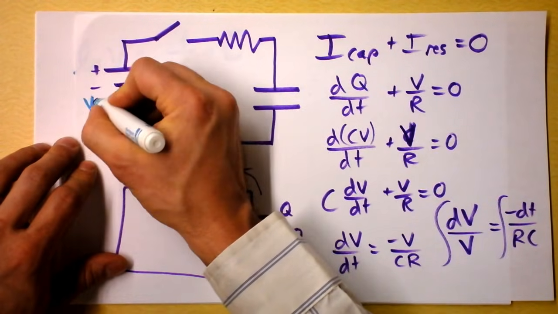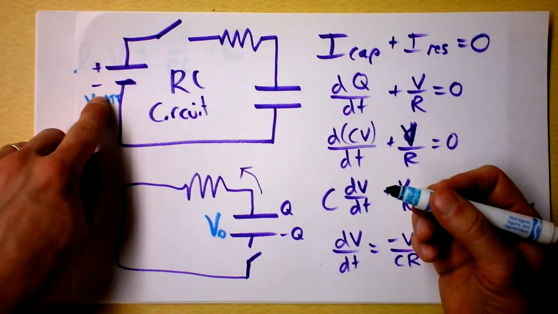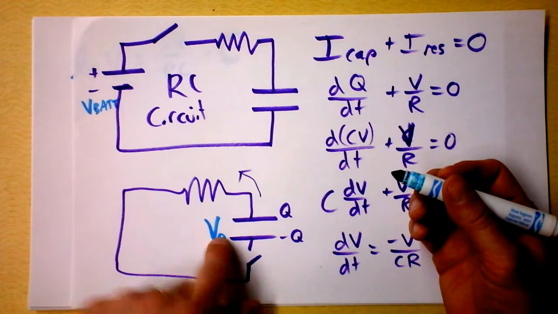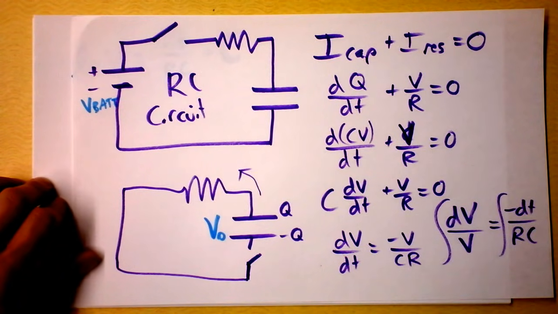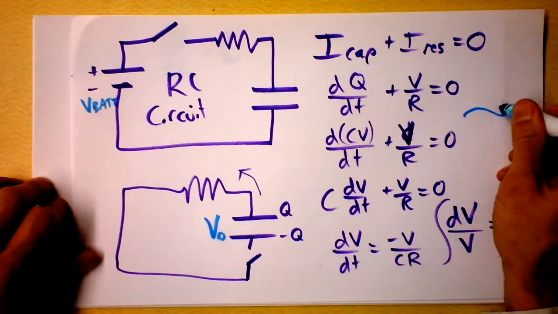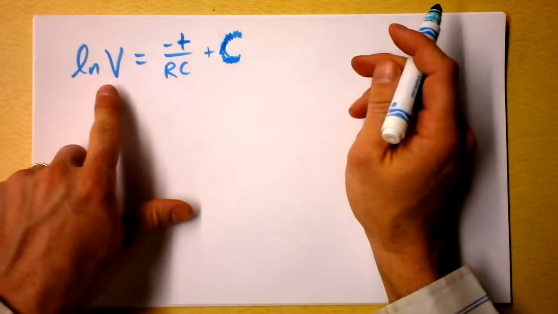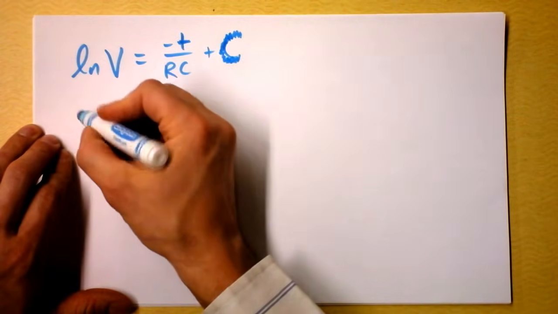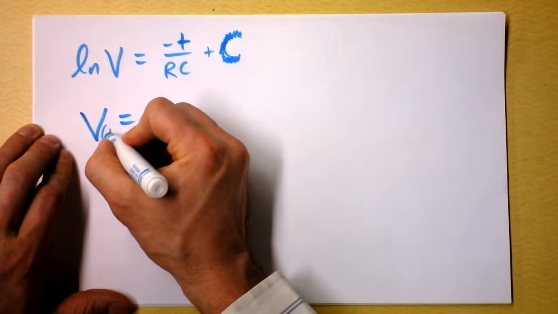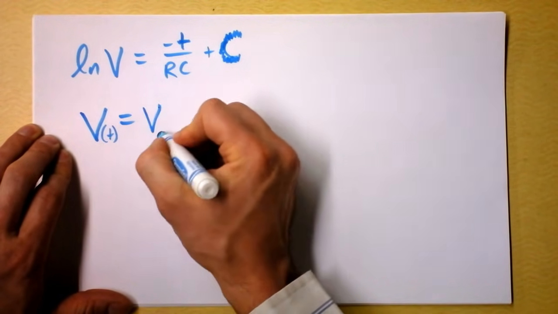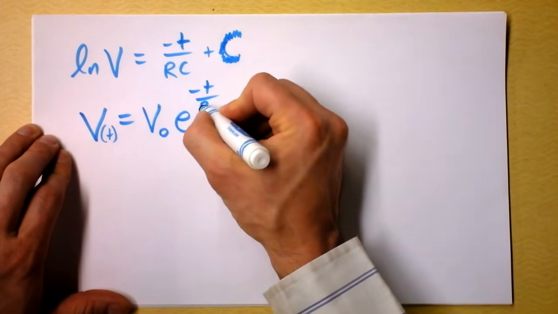Over here, this I'm going to call V battery, and if we had in fact charged this capacitor with that battery, then V naught would probably be pretty close to V battery if we allowed it to fully charge, which would take forever, which is a long time. But my point is, if we then exponentiate both sides of this, we will get the voltage as a function of time is the starting voltage times e to the negative t over RC.